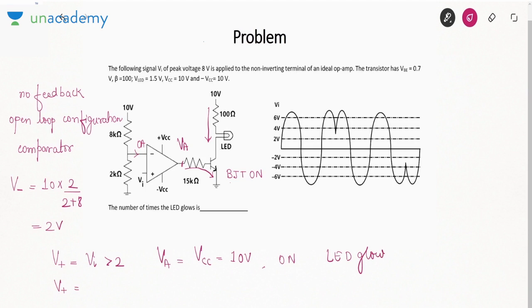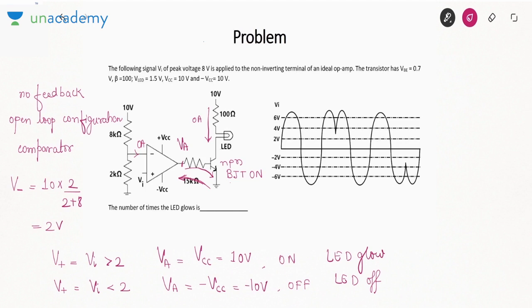Now when V positive equal to Vi is less than 2, then the negative terminal voltage is higher, Vo is minus VCC or minus 10 volt. If it is minus 10, the current will flow opposite, but in a BJT or NPN transistor, current must enter the base. So I'll say the BJT is off, or you can say the base emitter junction is reverse biased, the BJT will be in cutoff mode. So this current will be 0 ampere and the LED will be off. So you can say whenever input voltage is greater than 2 volt, the LED will glow.